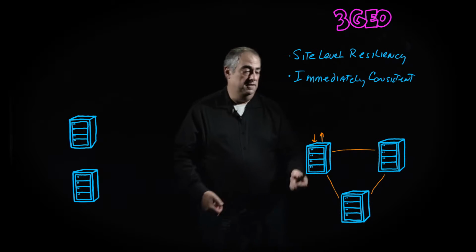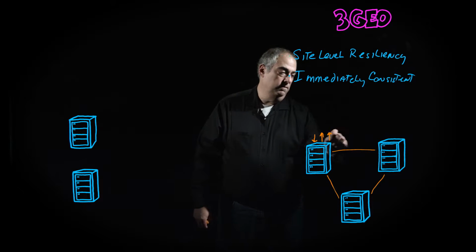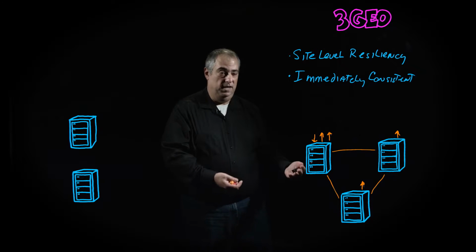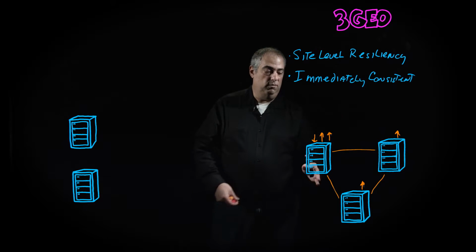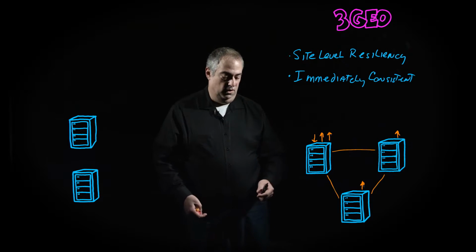The benefit of this is that any subsequent reads, so a subsequent read here, here, or here, will always return the same data. It means that each of these 3 locations is always consistent. You never run into data inconsistency issues at all.